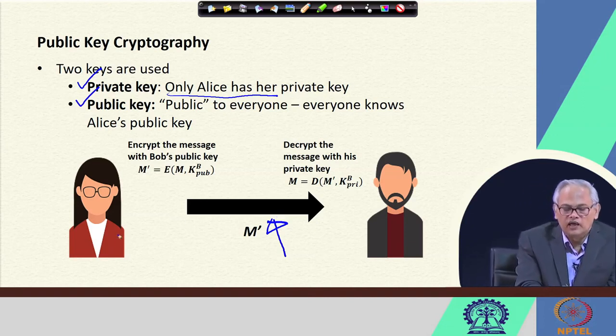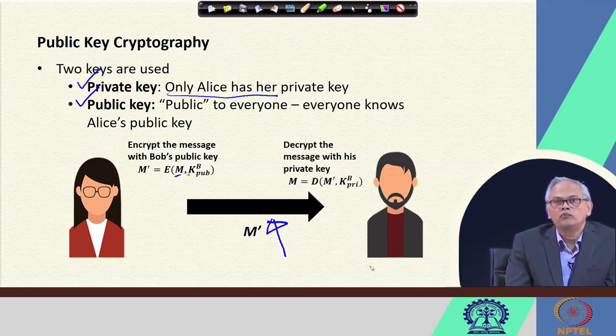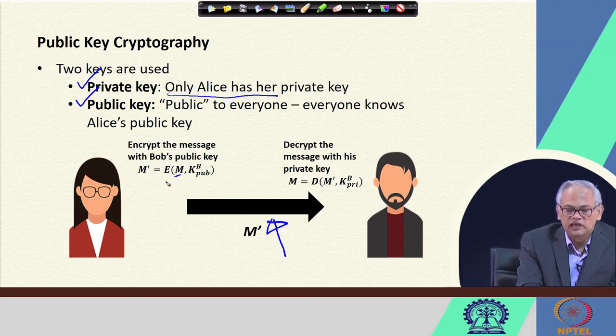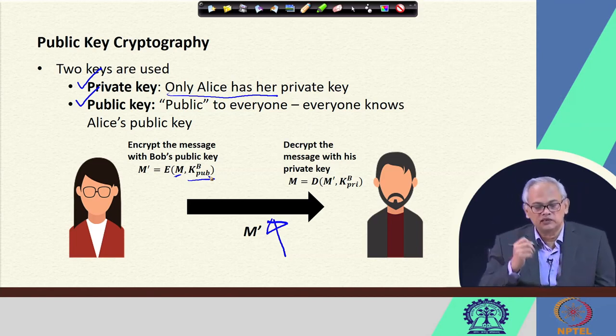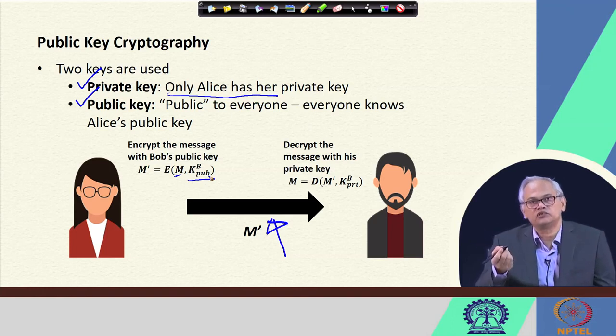So, in order for Alice to send a message M to Bob, Alice encrypts this message with Bob's public key. K superscript B and subscript pub denotes that B is Bob's key and pub denotes that it is the public key.